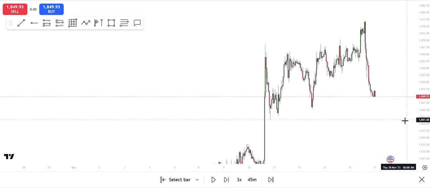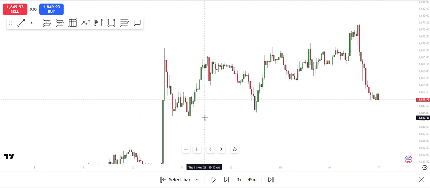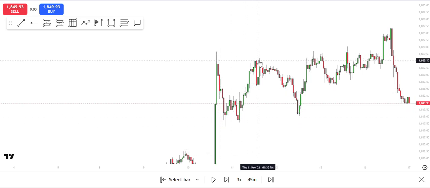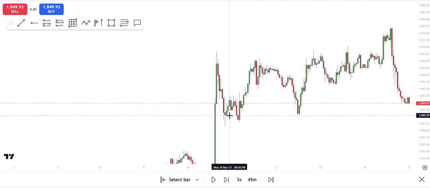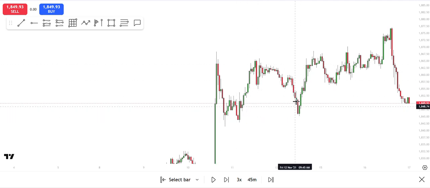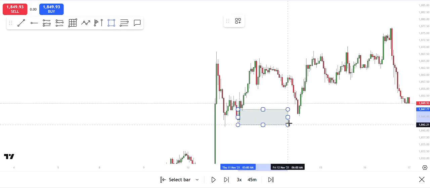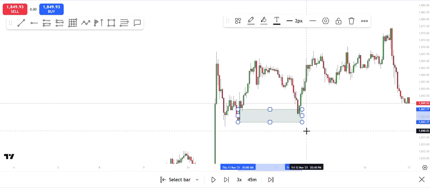And now using market structure, we can see that price bought from here, price bought from here. But this high did not take this low. And so we saw that price came into this place and then bought. So that means that there was demand here that price was reacting from.